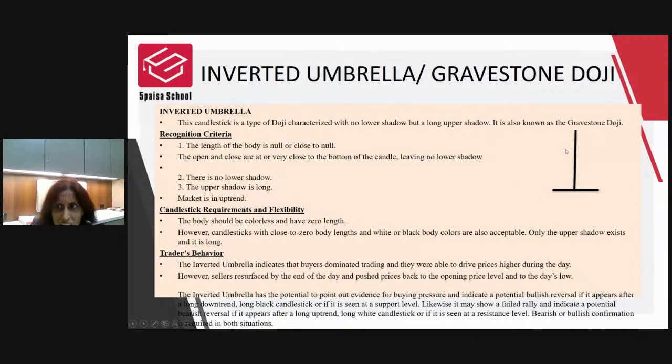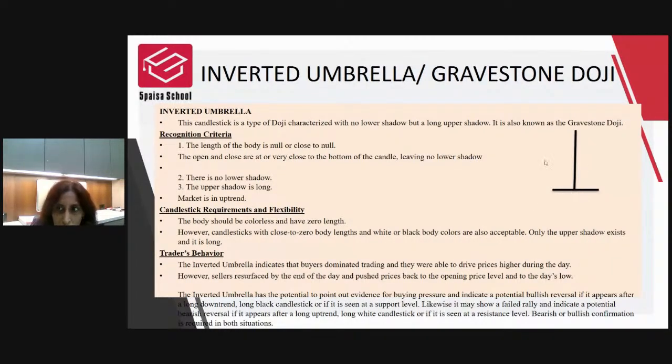In this case, the opening price, the closing price, and the lowest price of that particular day have been one and the same.